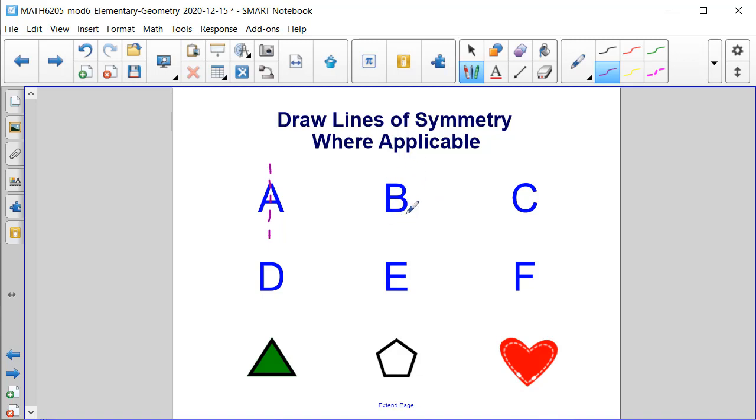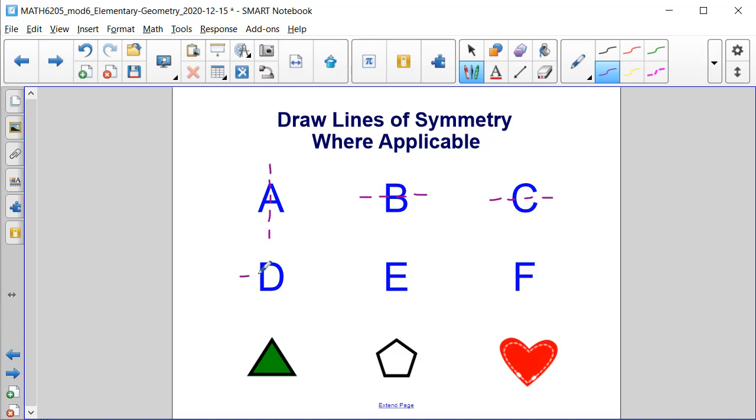With a B, this has line symmetry in a horizontal manner. And if we were to fold it horizontally over that horizontal line, you can see that the top section will line up with the bottom section. Very similar with the letter C. It has line symmetry directly through the middle, splitting it into top and bottom halves.